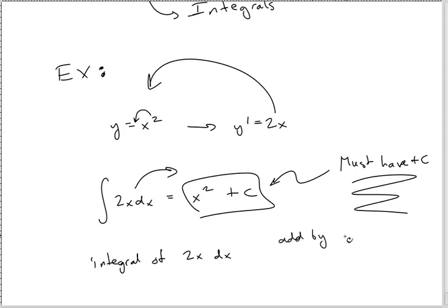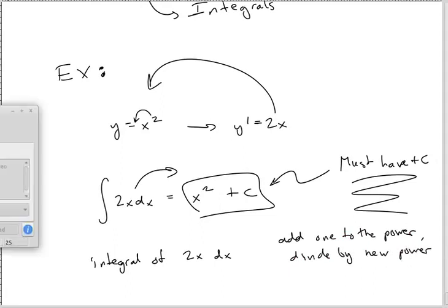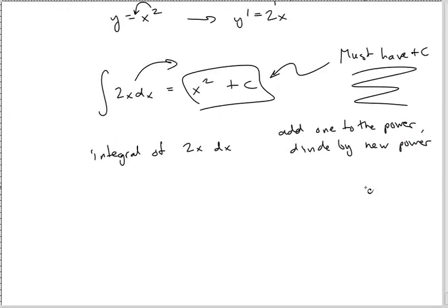Add 1 to the power. This is very important here. Divide by the new power. And go. So, add 1 to the power, divide by the new power.